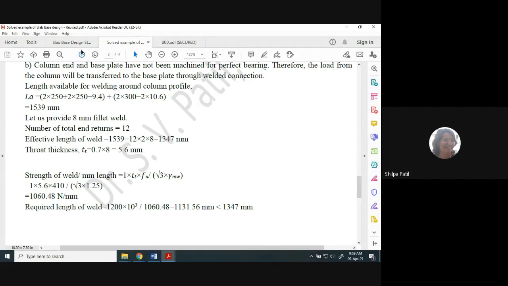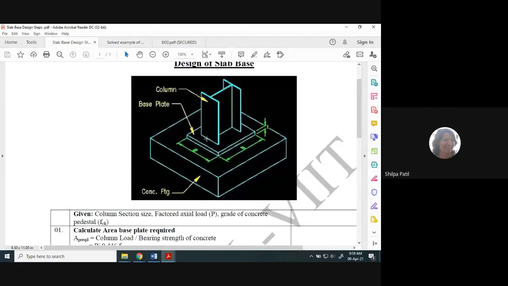Many times what is done, the weld is provided only on the exterior side, that is on the exterior side of the flange, and on the exterior side of the web and the exterior side of the second flange also. This interior dimension of the flange, along which we have considered the perimeter, is sometimes avoided. Along that much length, the weld is not provided.